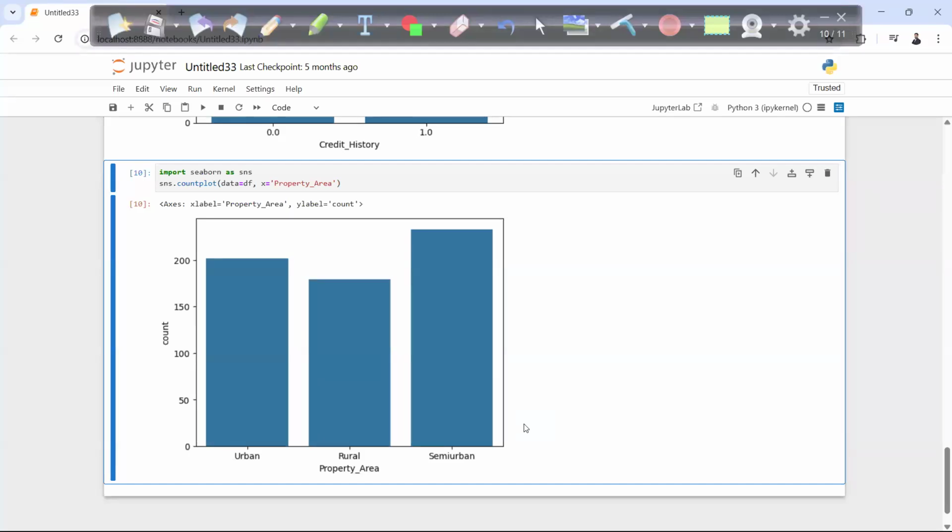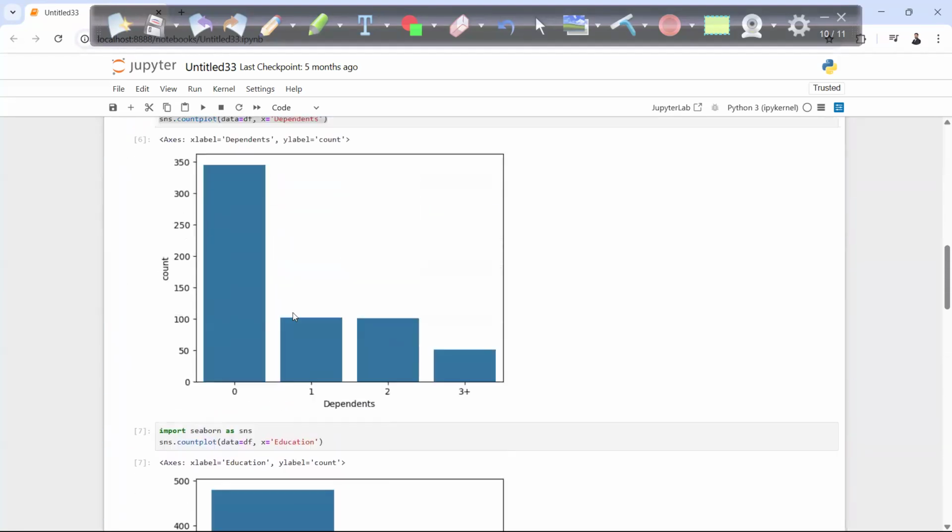Now I can see that out of these 3 property areas, the majority of the customers are coming from semi-urban, and fewer customers are coming from rural, right? So semi-urban has the highest count, urban the second highest, and the third one is rural. That is the information which I am getting.